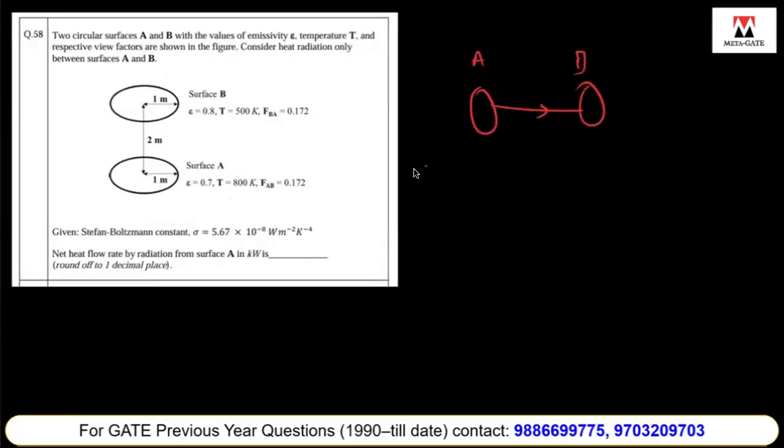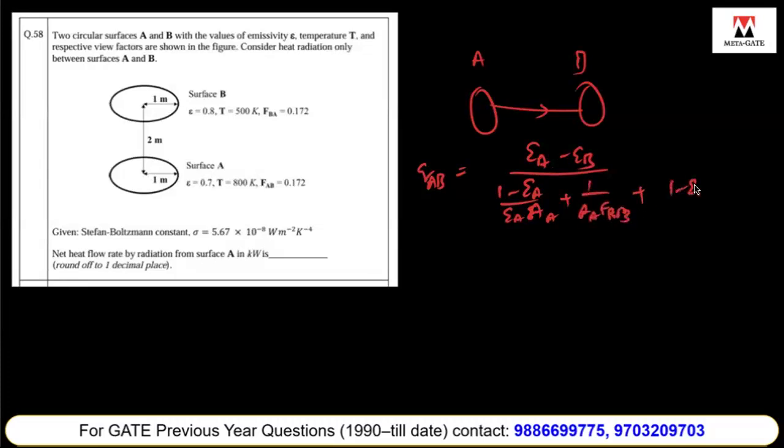Q_AB is given by, this is also a resistance network, so you get E_A minus E_B by (1 minus epsilon_A) by (epsilon_A A_A) plus 1 by (A_A F_AB) plus (1 minus epsilon_B) by (epsilon_B A_B).